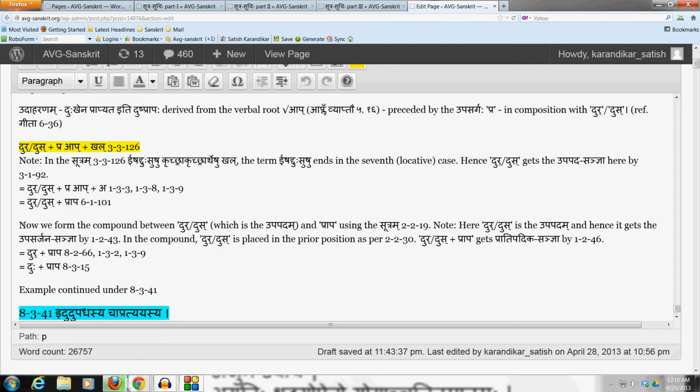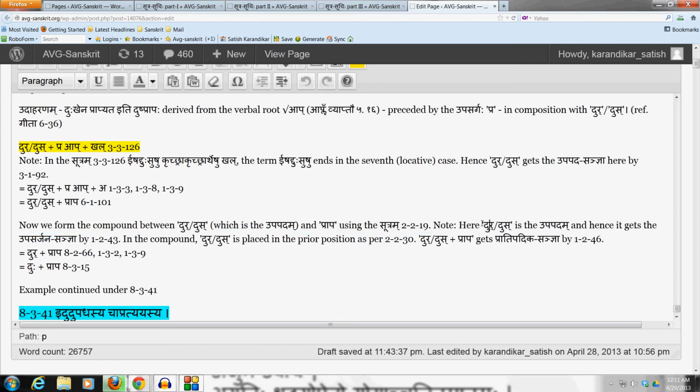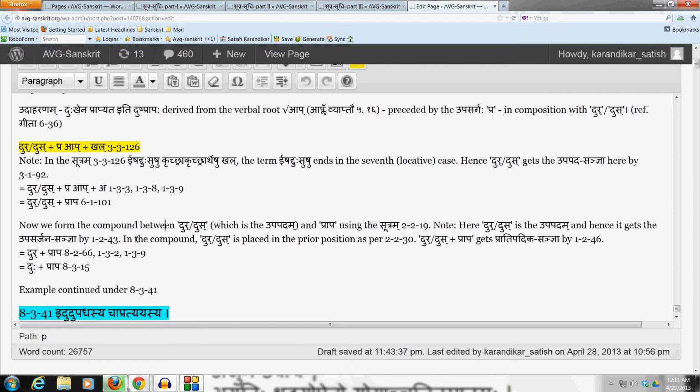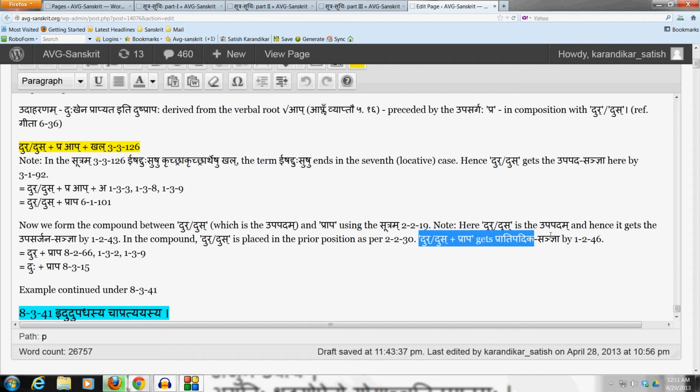Now we form the compound between dur or dus, which is the upapadam, and prapa using the sutram 2.2.19. Upapadam atin. Now dur or dus is the upapadam here, and hence it gets the upasarjana sanya by 1.2.43. Prathamanirdishtam samasa upasarjanam. In the compound, dur or dus is placed in the prior position as per 2.2.30. Upasarjanam purvam. Now dur or dus plus prapa gets the pratipadika sanya by 1.2.46.